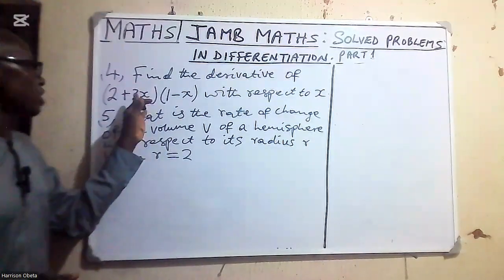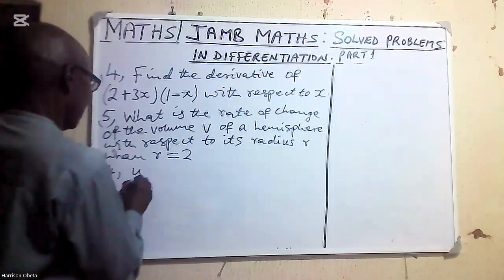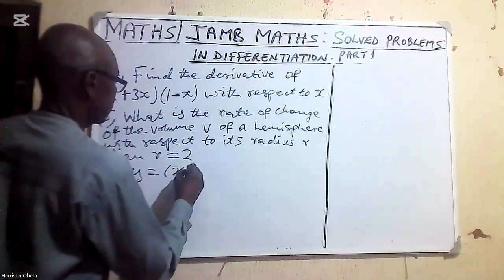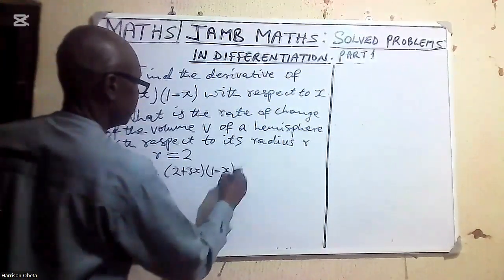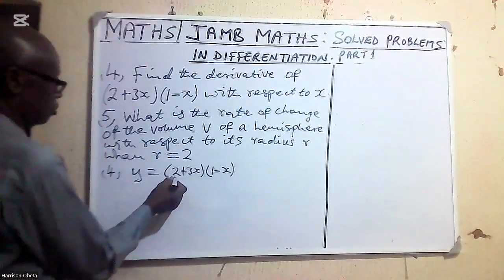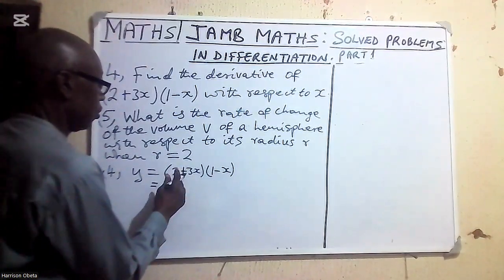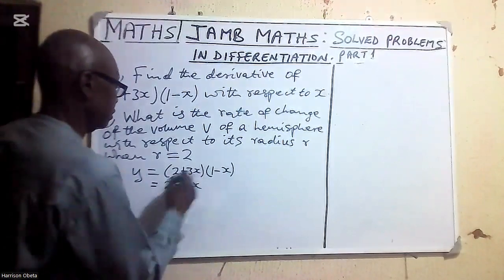first of all, we have to expand, and that means we have y equal to 2 plus 3x into 1 minus x. Expanding, pick 2 to divide, that is 2 times 1 is 2, 2 times minus x is minus 2x.